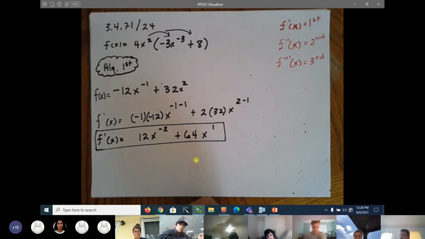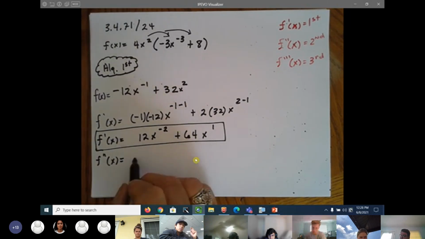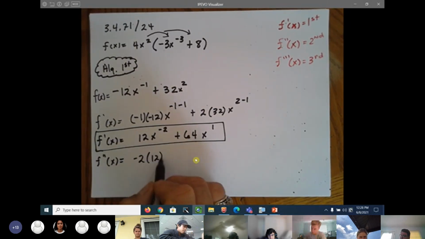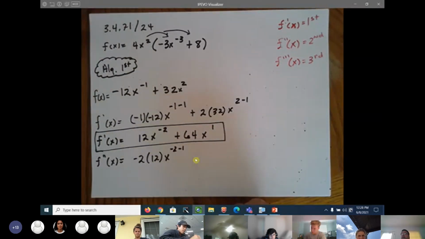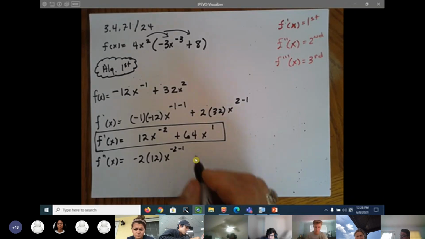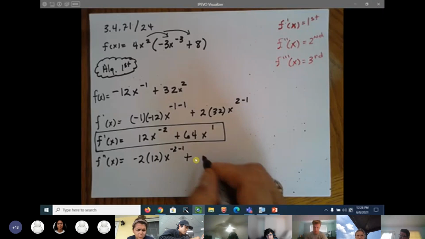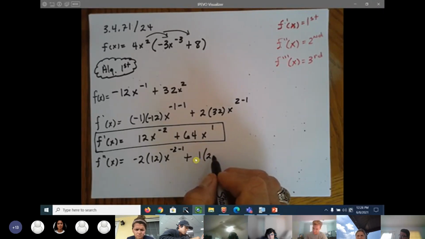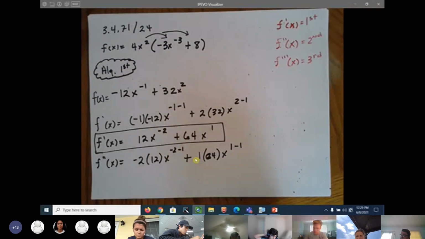The second derivative is equal to negative 2 times 12 x to the negative 2 minus 1, plus 1 times 64 x to the 1 minus 1.